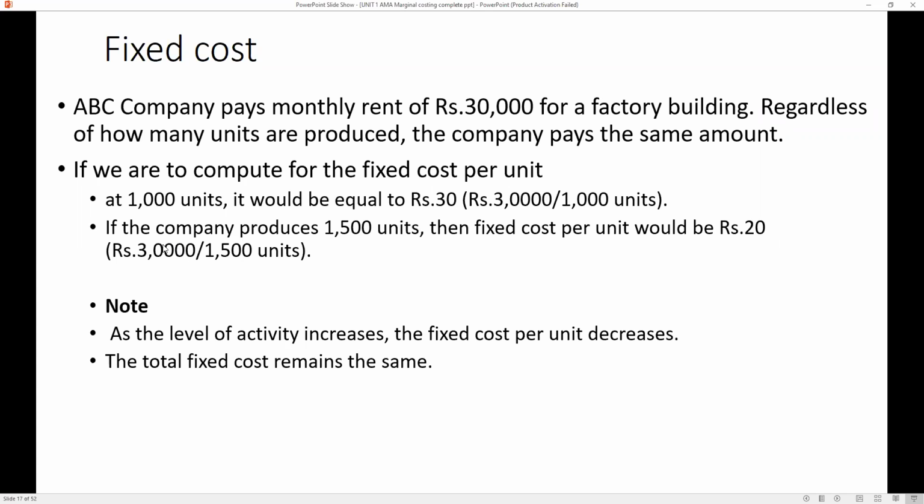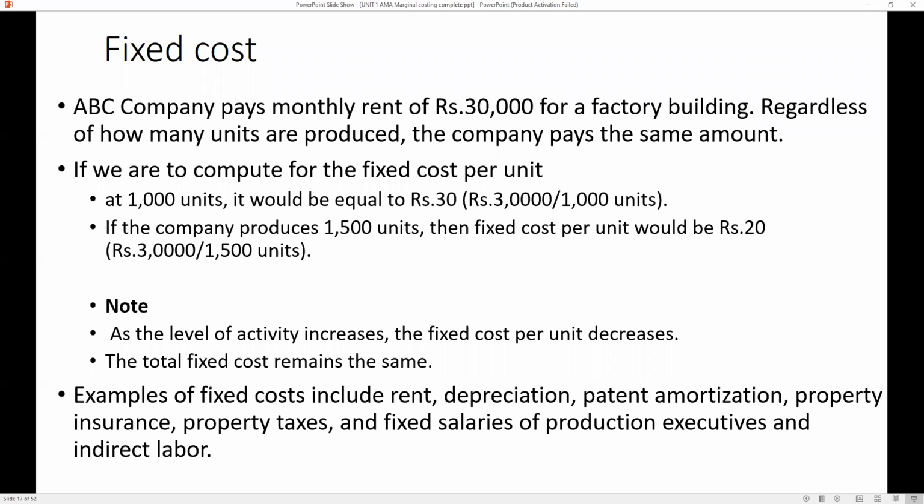But the total fixed cost remains constant irrespective of the level of activity. Have I made it clear? Yes? Yes, ma'am.